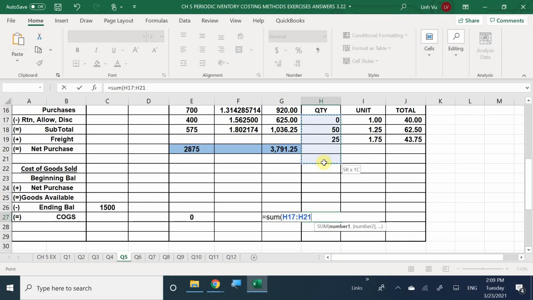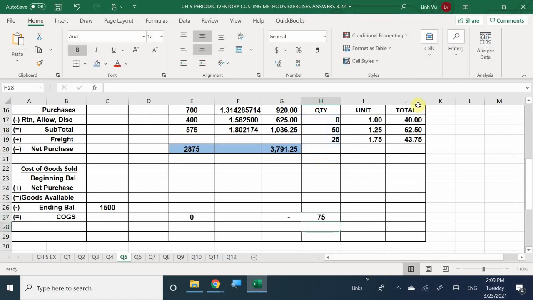We're going to sum up our quantity to get a total of 75. And we're also going to sum up our total cost. So what was the total that I actually got a refund for? 146.25. Okay, so I'll give you a second to catch up here.